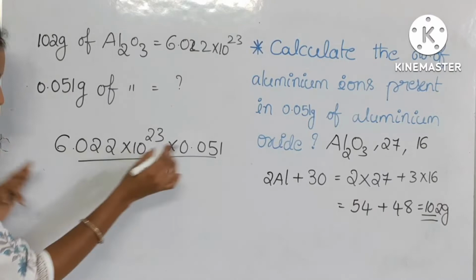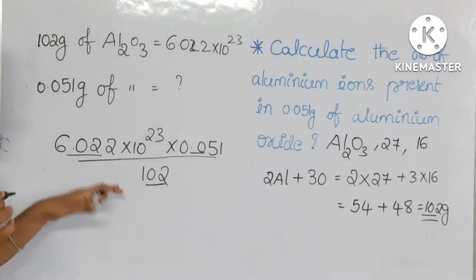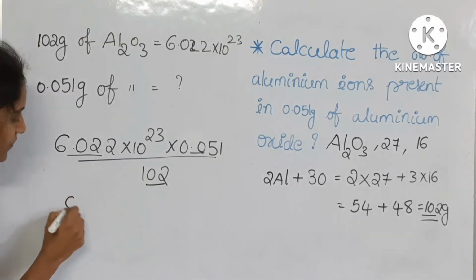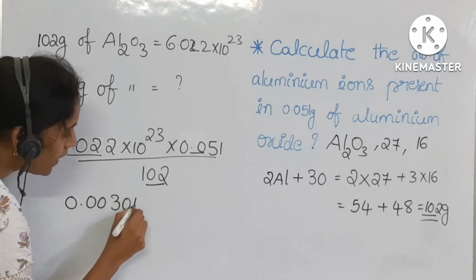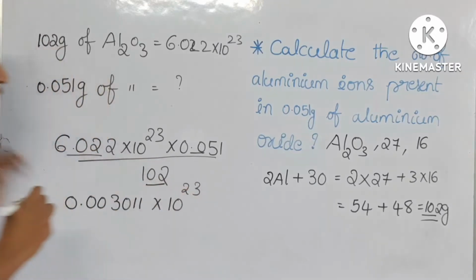If you simplify these numbers, you will get 0.03011 into 10 power 23 particles.